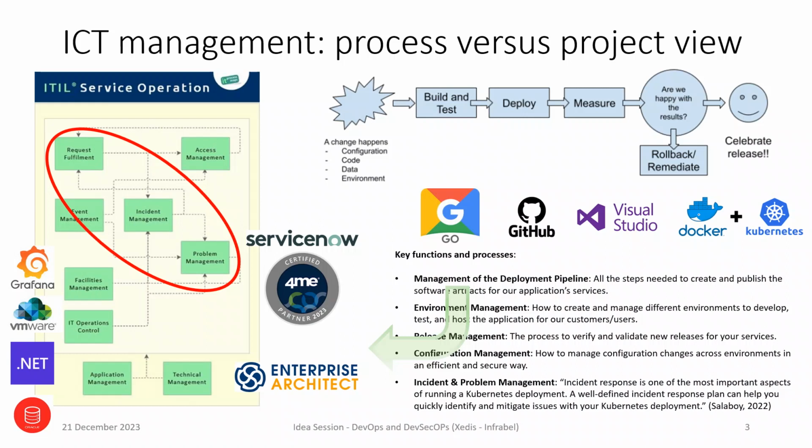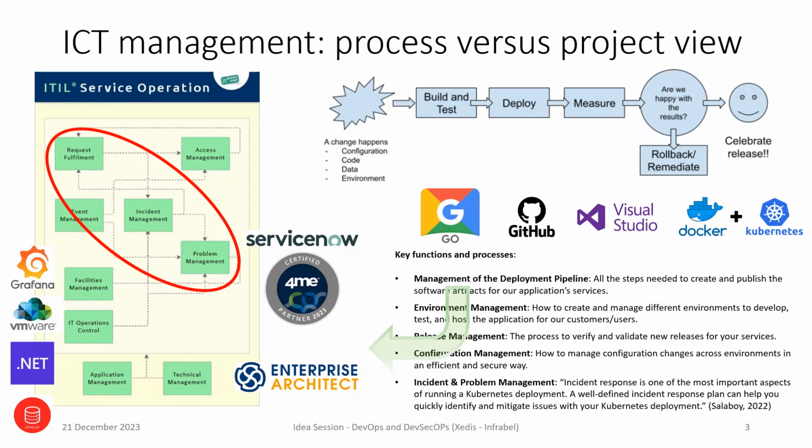The thing with this process view is that you need to realize that people who think about how to improve these processes work with an entirely different tool set than what I show here on the right hand side. The developers, the project people, where something changes, they need to implement it. Code or configuration or data structure changes or environment.